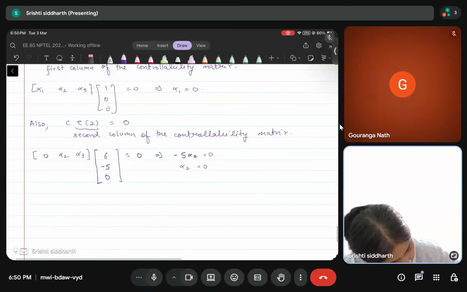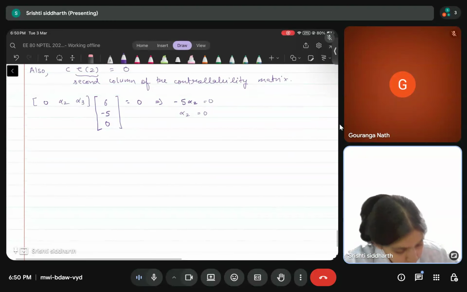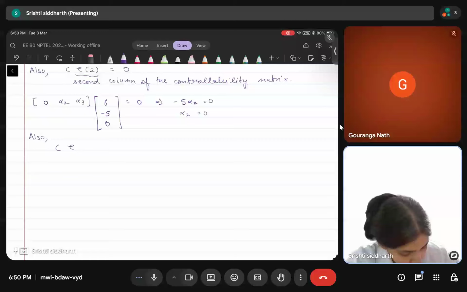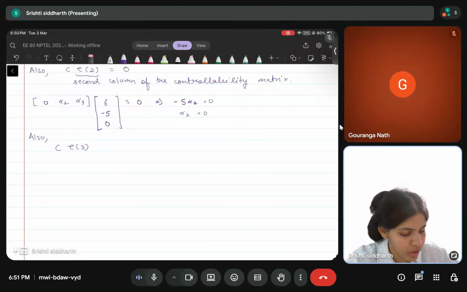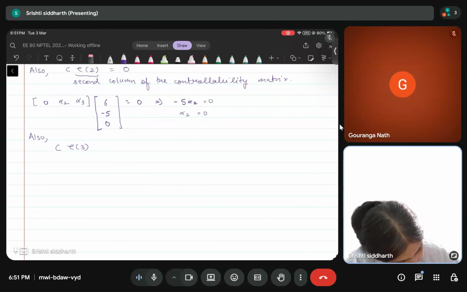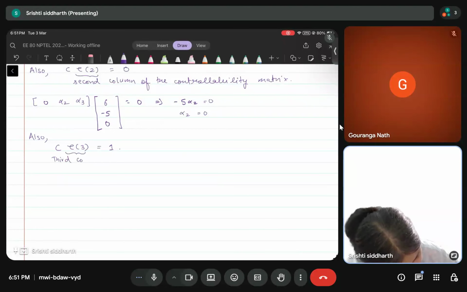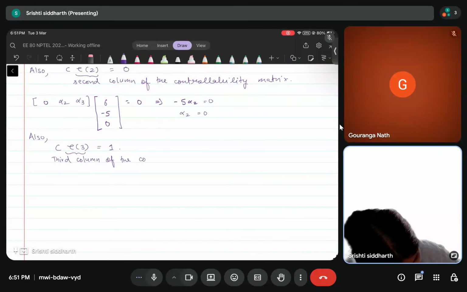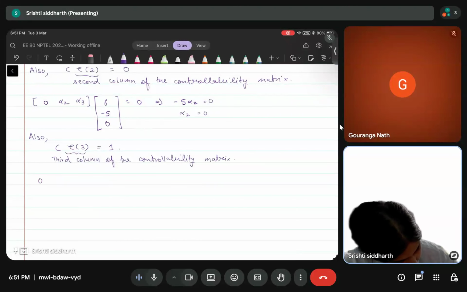And then we have that C times the last column of the controllability matrix should be 1. Okay, so we have 0, 0 and alpha 3.